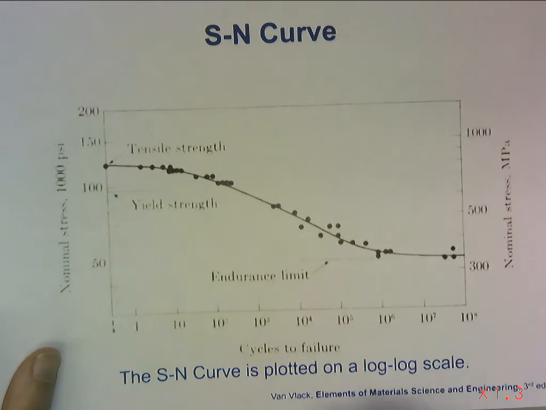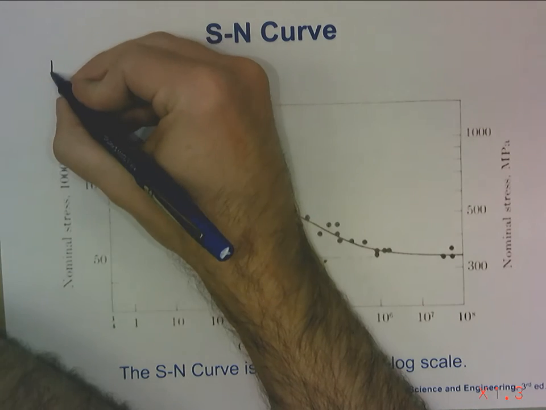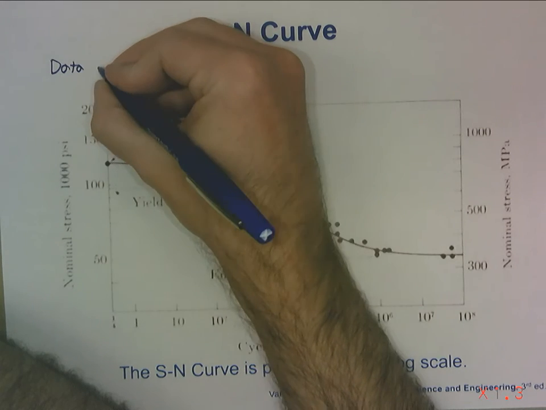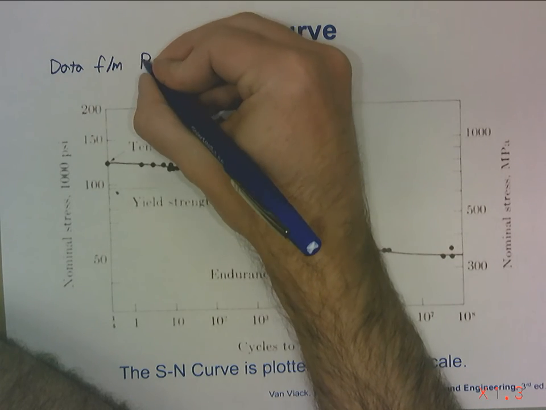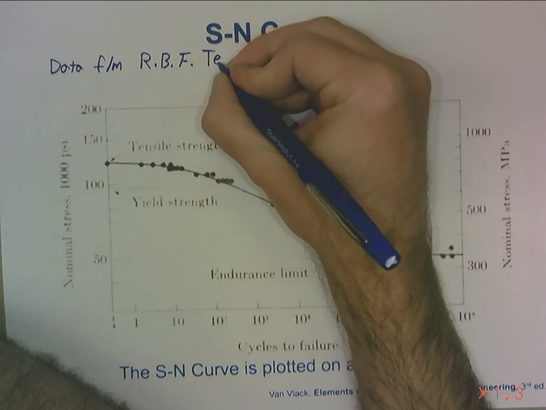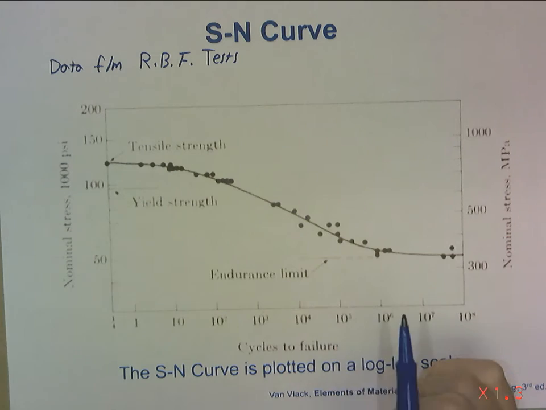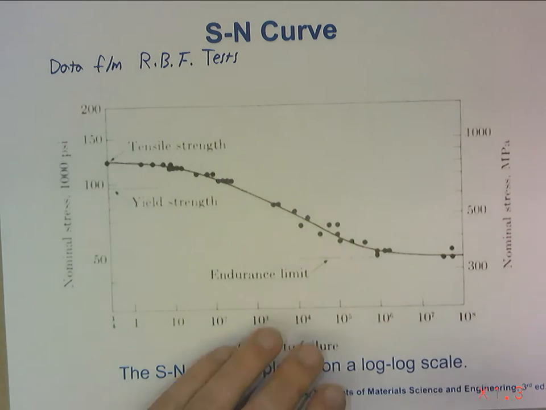The data generated by such an experiment looks like this. And so this is data from rotating beam fatigue tests. It is plotted on an SN curve. Okay, what is that?